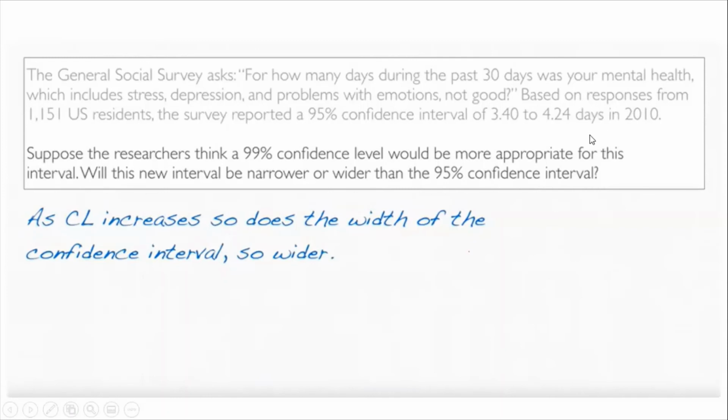That is basically this one: as the confidence level increases, the width of the confidence interval gets wider. But if you want it to remain the same or even narrower, you can increase the sample size here.